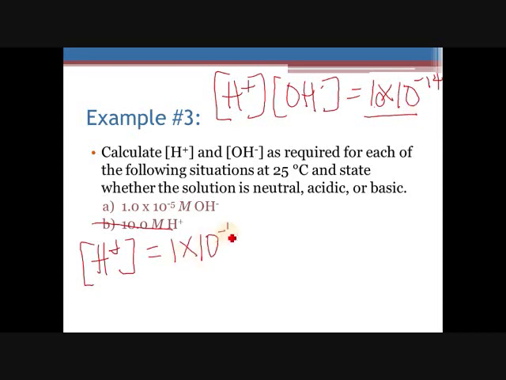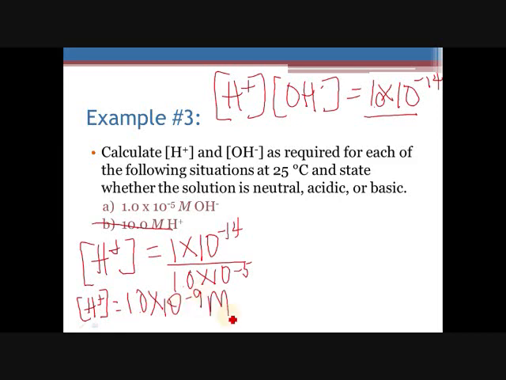So 1 times 10 to the negative 14 over the 1.0 times 10 to the negative 5. And when you divide that out, the H plus is equal to 1 times 10 to the negative 9 molar.